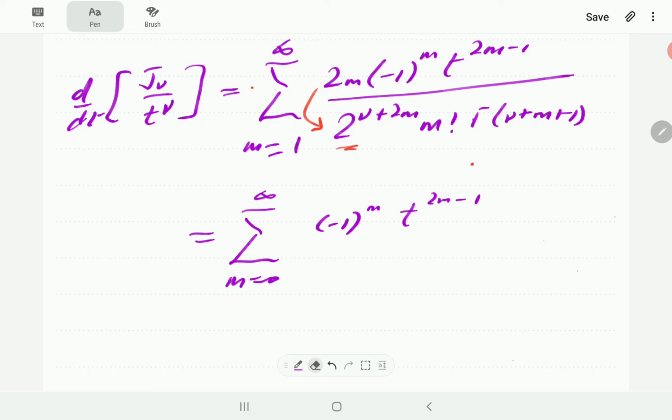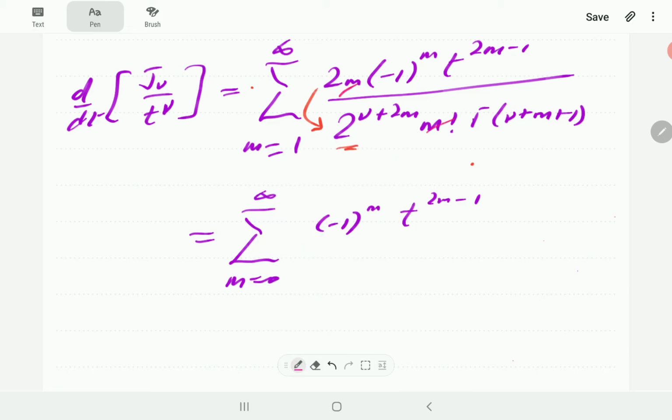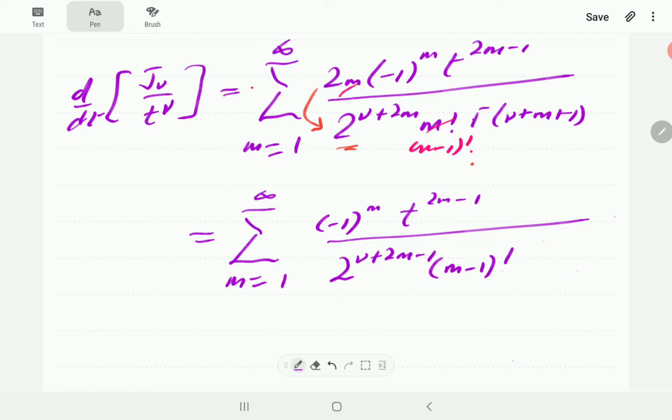And then of course we cancel, so that becomes m minus 1 factorial. So this lower summation limit now is 1, and this is divided by 2 to the power nu plus 2m minus 1, m minus 1 factorial gamma of nu plus m plus 1.